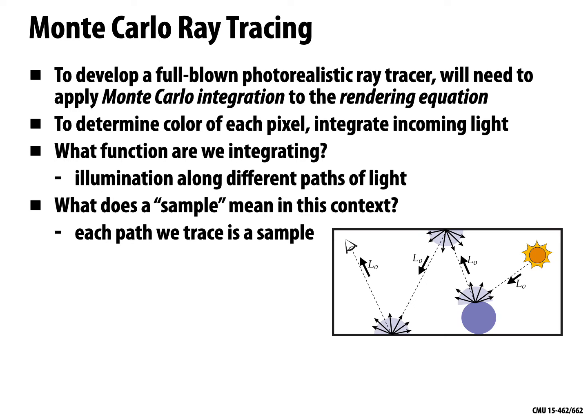Okay? When we talk about a sample in this context, if we're really thinking about this whole picture of light traveling from light sources to the camera, a single sample is actually a whole path of light. Okay? So we want to integrate over all paths the incident illumination.